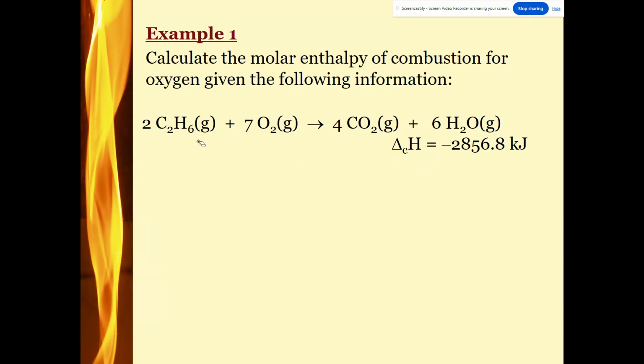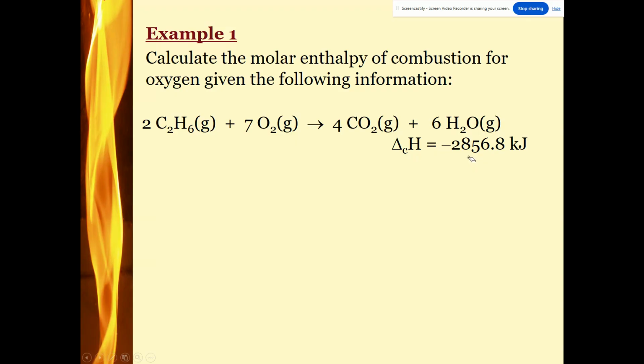Now, the reason the equation is given and the delta H is given is because they go together, okay? This delta H is the amount of energy released when 2 moles of ethane reacts with 7 moles of oxygen to produce 4 moles of carbon dioxide and 6 moles of water. For this balanced equation, this is exactly how much energy is released, okay?